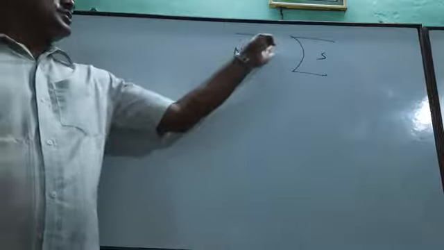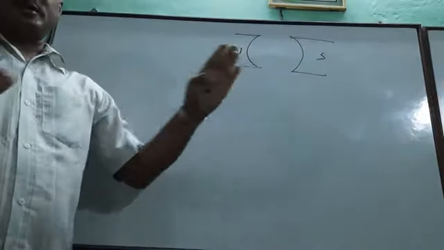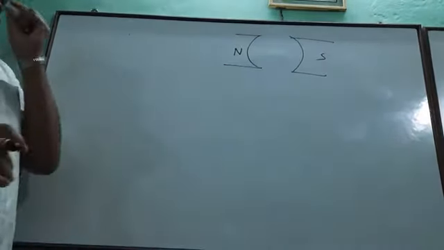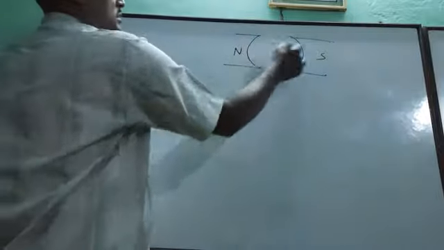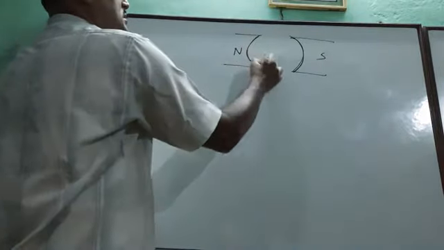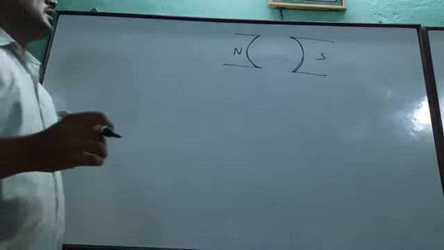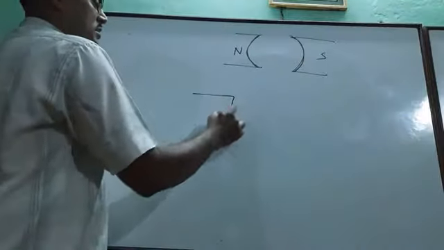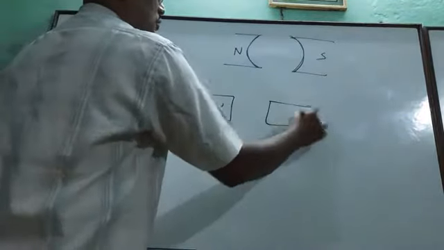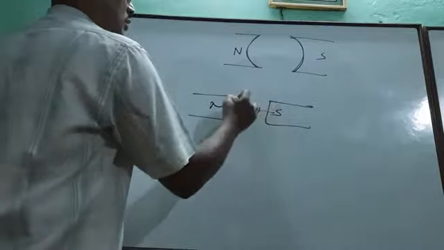So two opposite poles are placed face to face, and we have made these ends curved, concave shape. So why have we made this? This is the north pole, this is the south pole. The field lines are going like this.